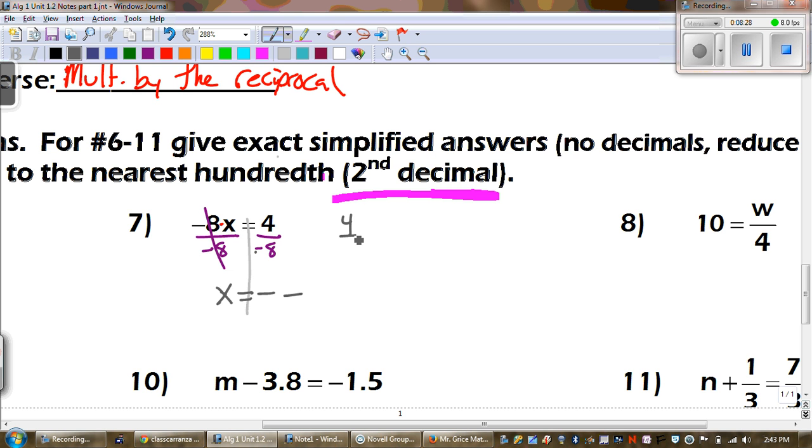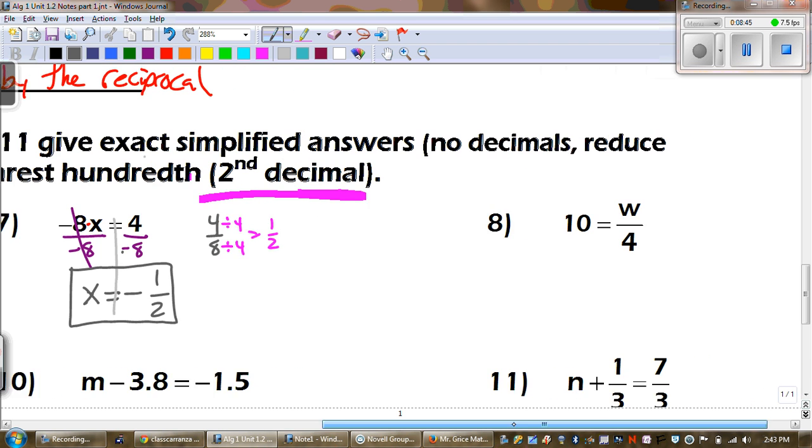So what's 4/8? Can I reduce that? The answer is yes. You can divide both of those by 4, and we get 1/2. The negative sign stays, so we get x equals -1/2.